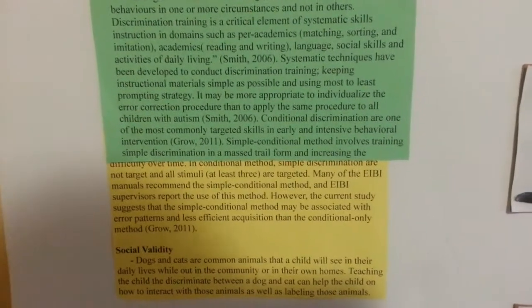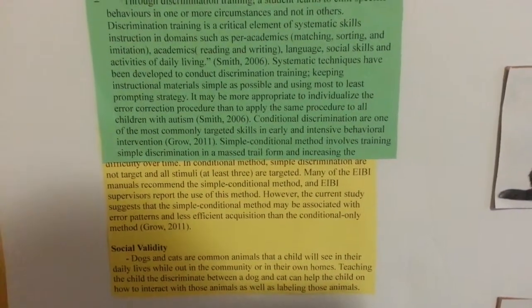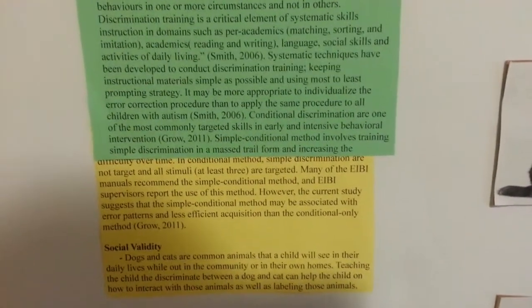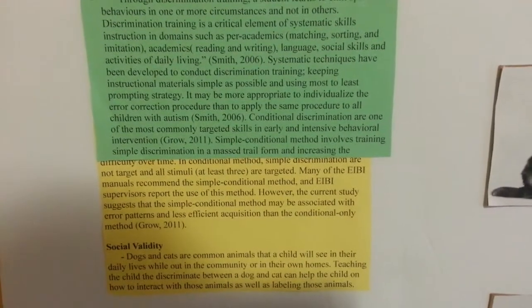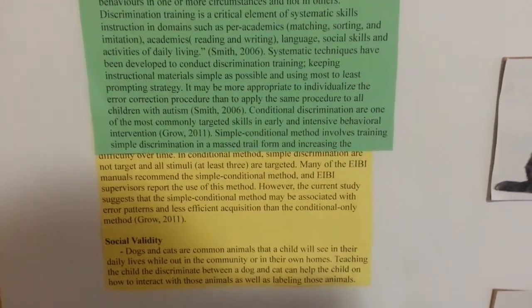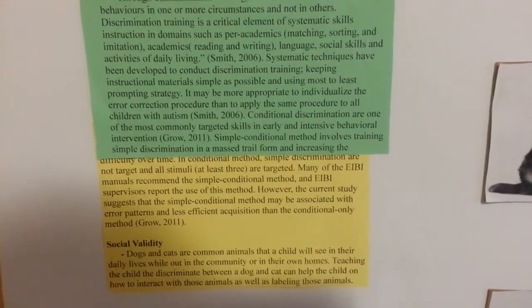Many of the EIBI manuals recommend the simple-conditional method, and EIBI supervisors report the use of this method. However, the current study suggests that the simple-conditional method has been associated with more errors and less efficient acquisition than the conditional-only method.